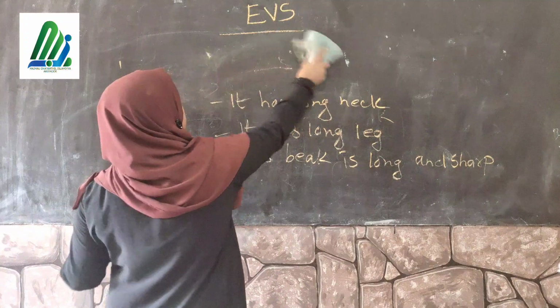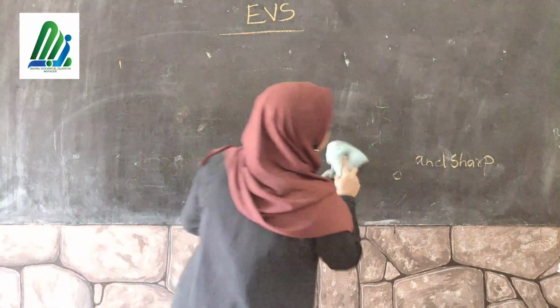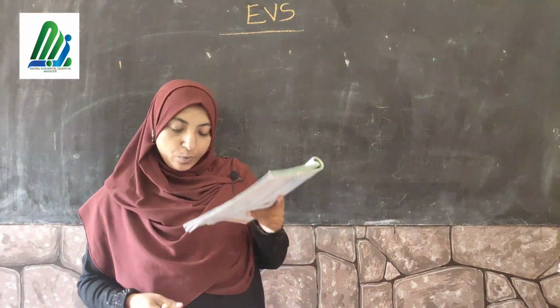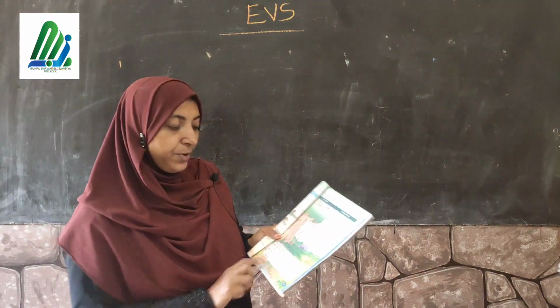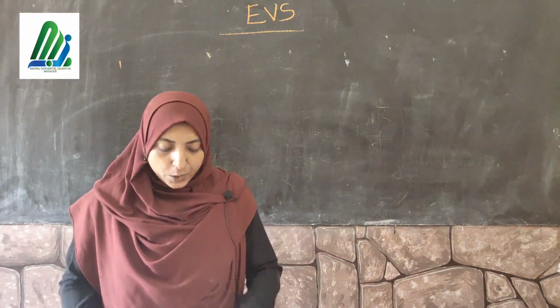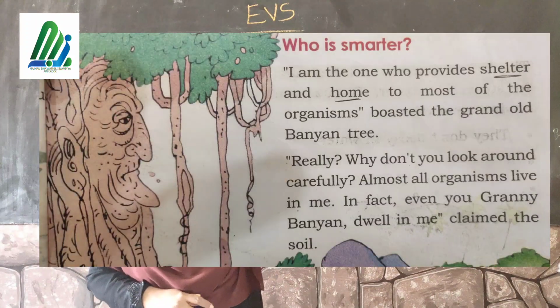Okay, I am going to write this. Then all of you listen. In the textbook, take page number 11. Look here, you can see a conversation between a banyan tree and the soil.